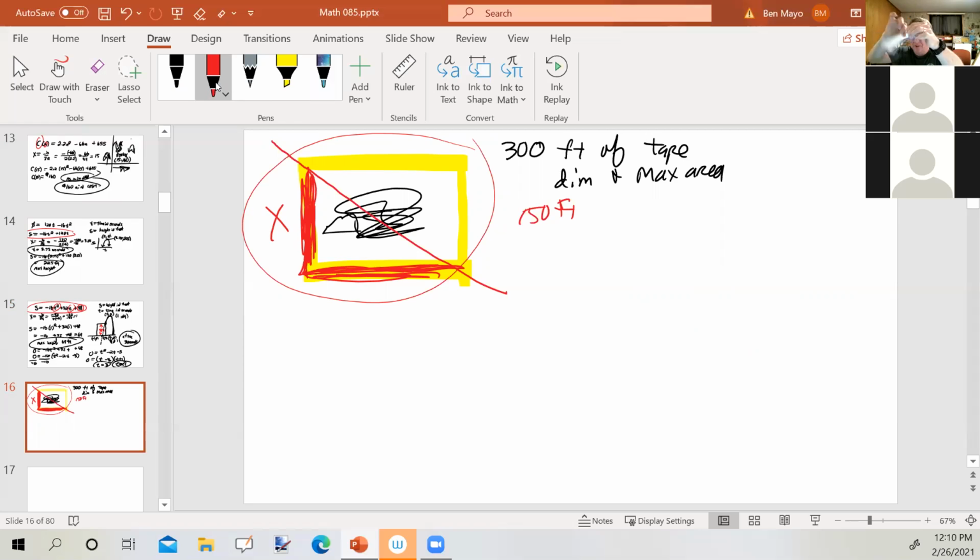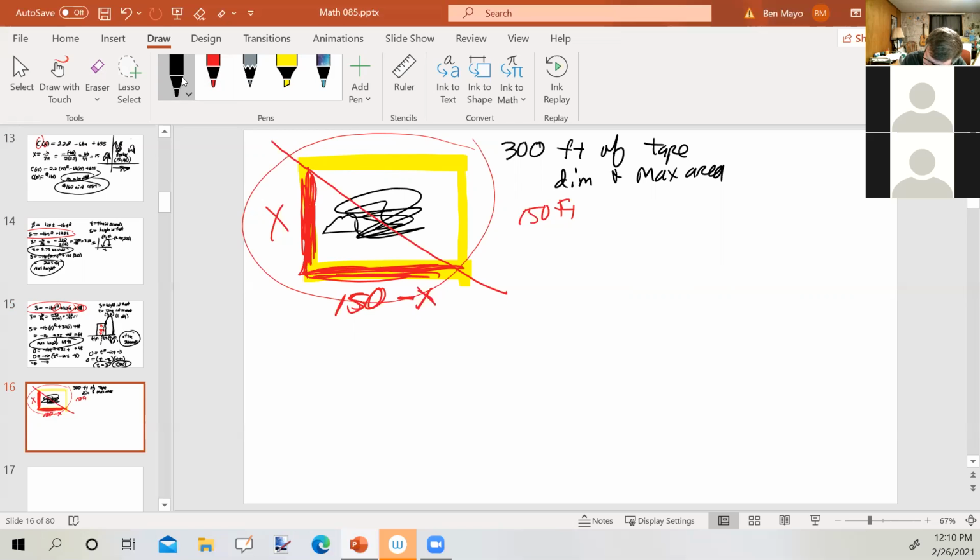If this is X, if the whole thing is 150 and the little piece is X, what's the big piece? Well, this is 150, take away X. So 150 minus X. Does that make sense? Are we okay with that? I'll take that as a yes. All right.